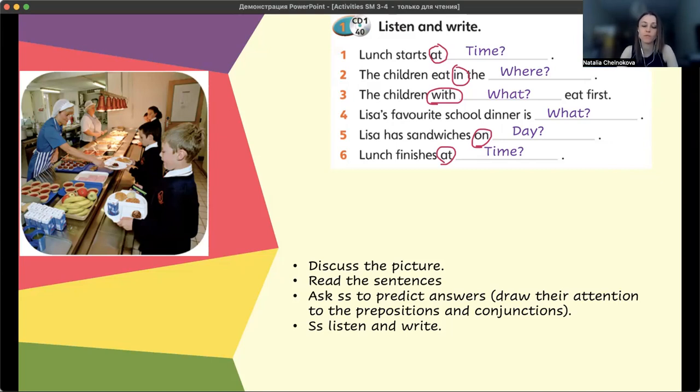Then, of course, we just decided what can be missing here. And so then they listened. But as far as I remember, the audio is very difficult for them, because there are no pauses and no straight answers for every question.